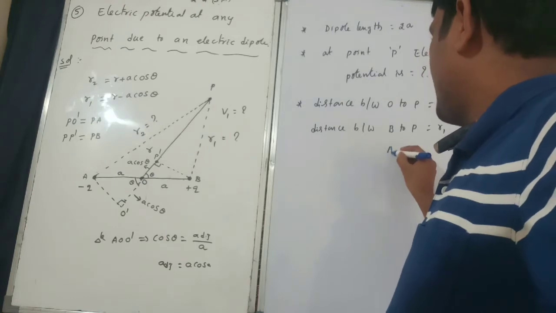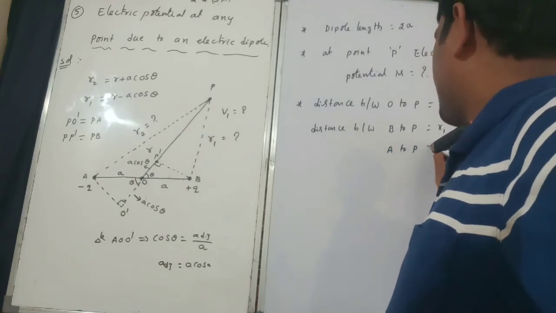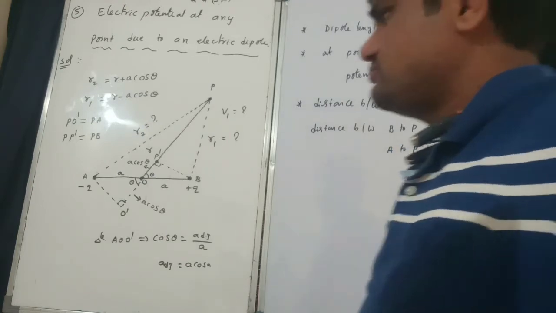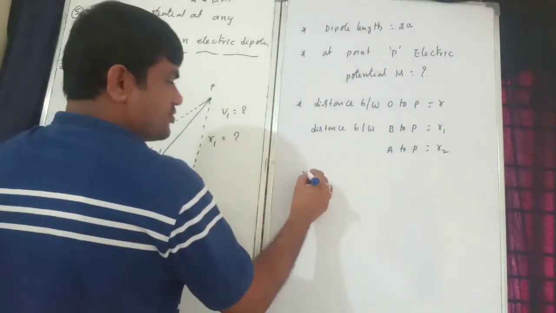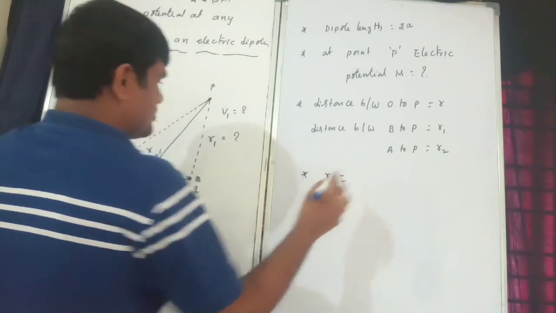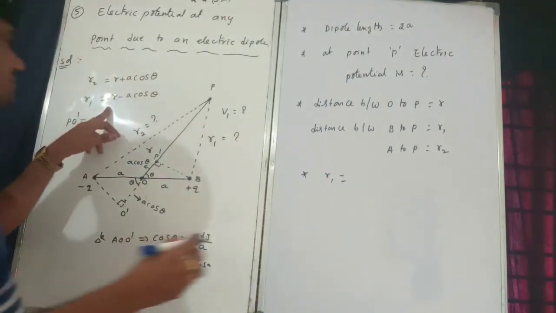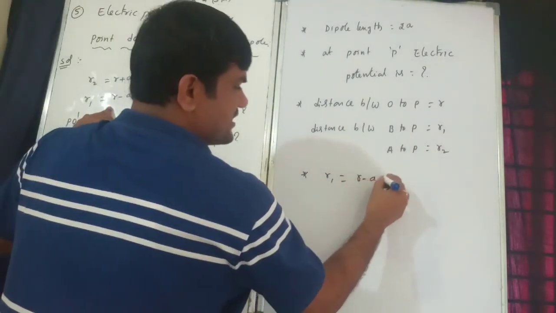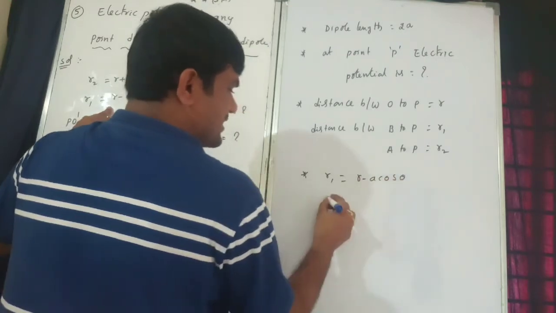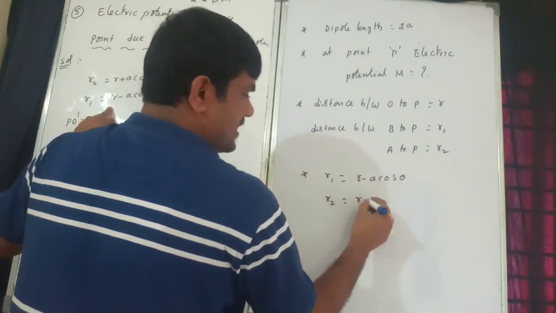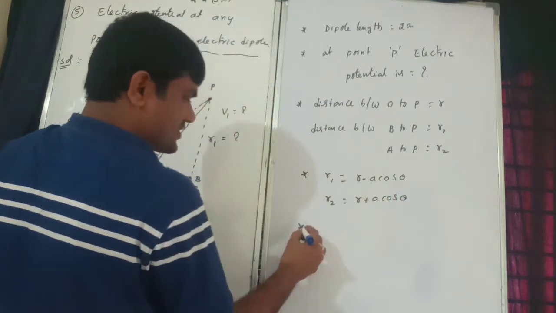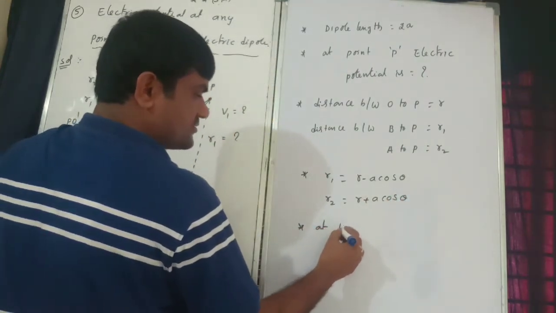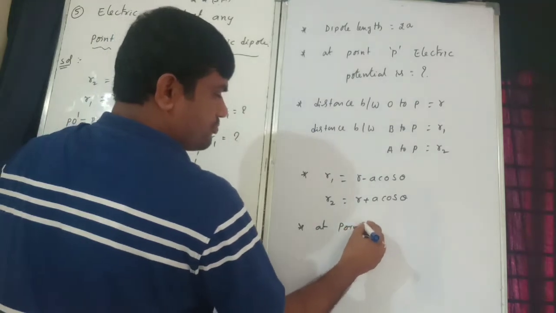Similarly, A to P is R2. So R1 is R minus A cos theta. Similarly, R2 is equal to R plus A cos theta.